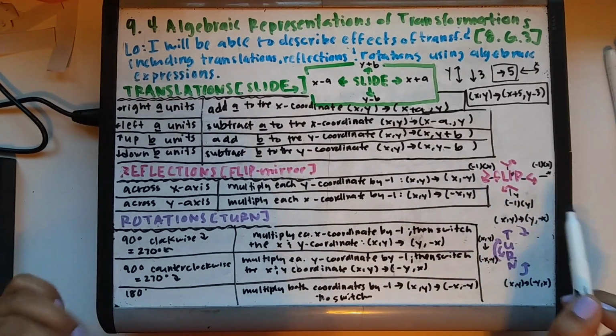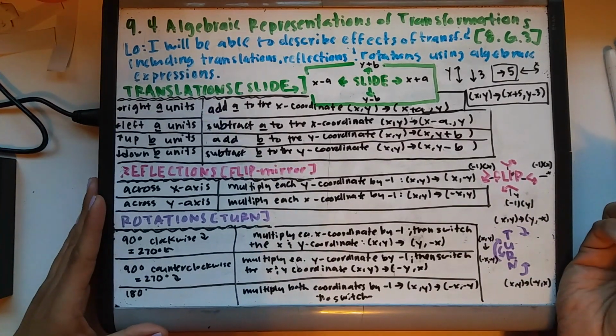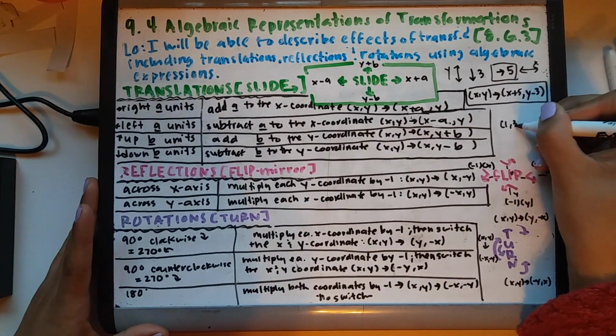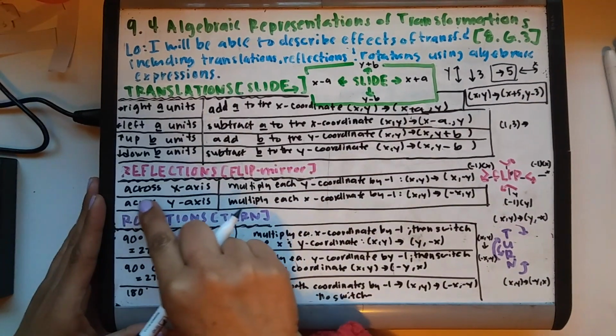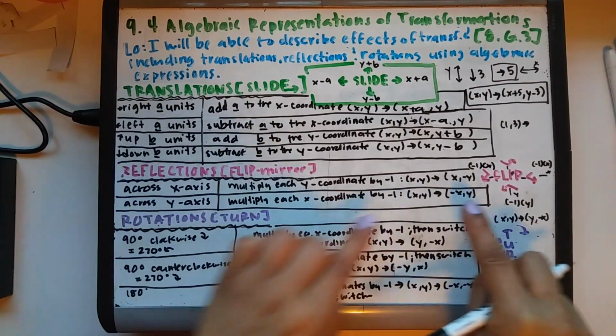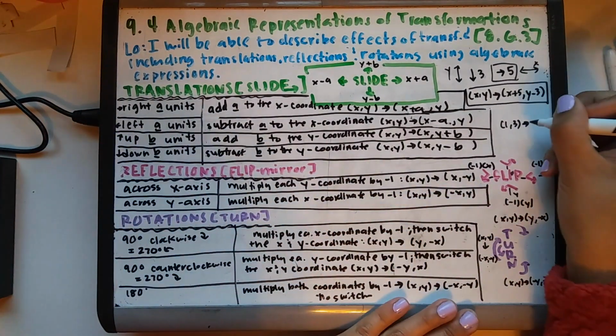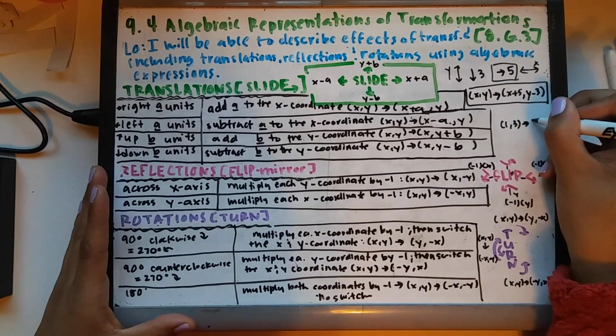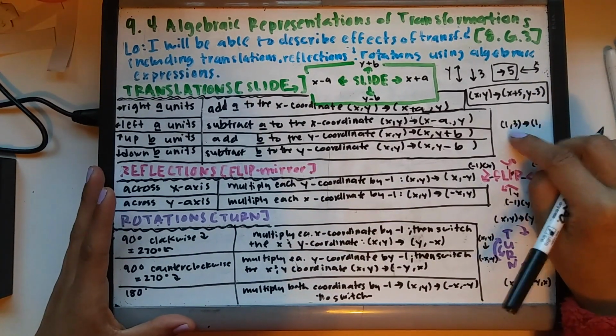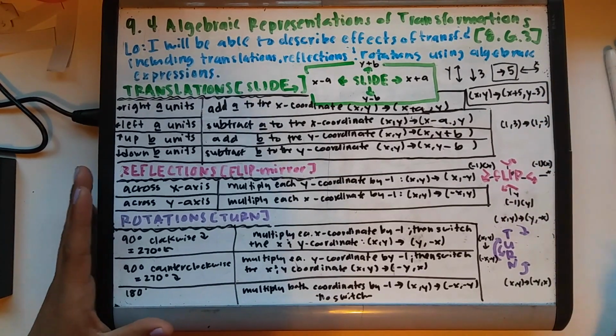For instance, if I'm given (1, 3) and I'm asked to do a reflection across the x-axis, I'm going to keep my x the same, so that's 1, but I'm going to make the y into a negative, so it's going to be -3, and that's my ordered pair.